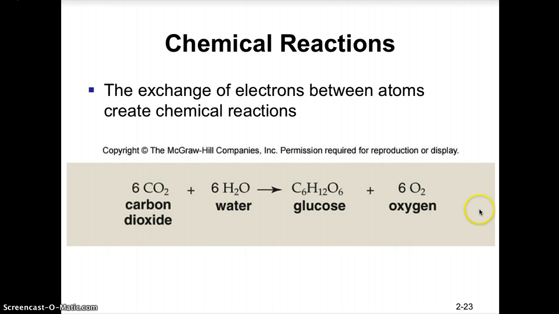The product would be the cake itself. So the reactants are carbon dioxide and water. The products are glucose and oxygen. And if you count the number of carbon, oxygen and hydrogen atoms on the reactant side, it should be equal to the carbon, hydrogen, and oxygen atoms on the product side. That would be a balanced equation.